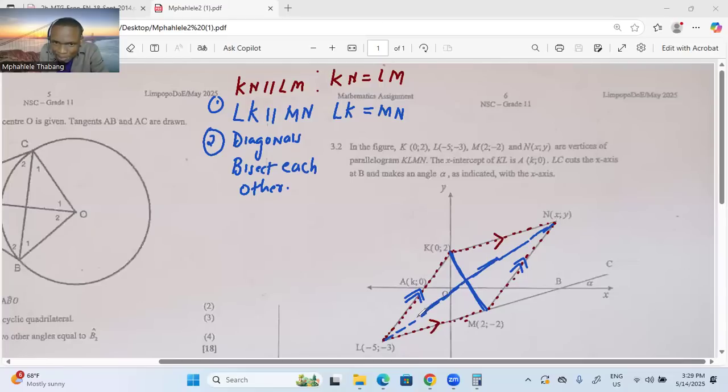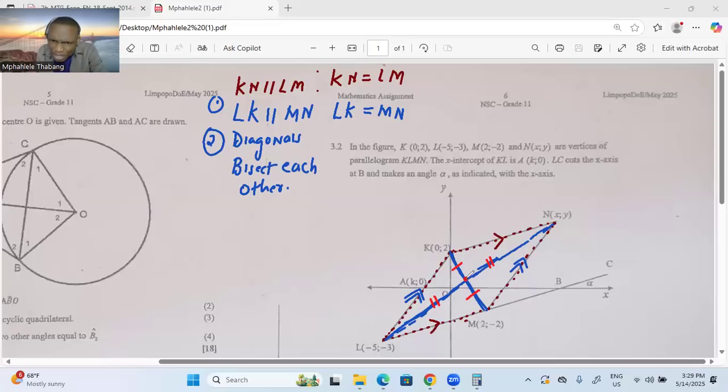What we mean here is that the diagonals divide each other into two equal parts. So this part is equal to this part, and this part is equal to this part. They divide each other equally.